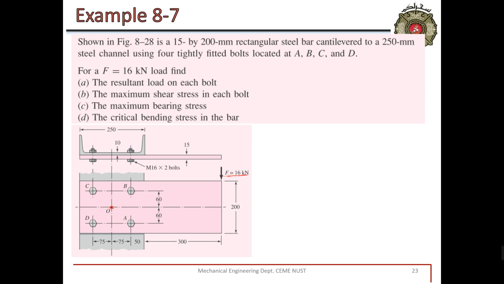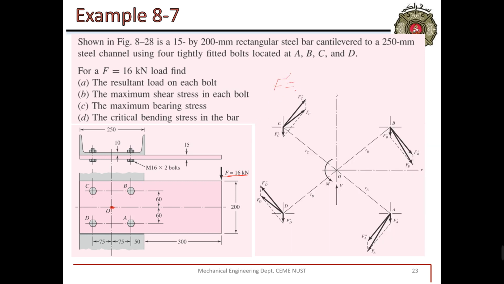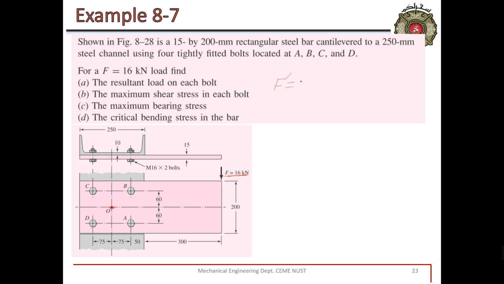Once we have value of this, we can just calculate primary shear is F divided by 4 because we have 4 bolts. So primary shear will become F prime equal to 16 by 4, or 4 kilonewton.